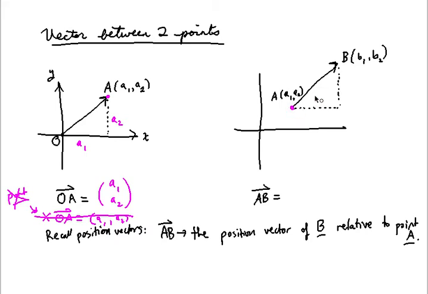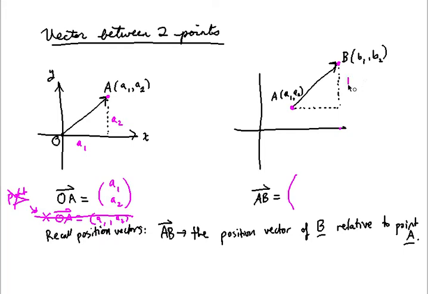If I start at A and I need to go to B, then the vector here would be this distance, the x component, from here to here, and this distance would be the y step. So this would be the x step, this would be the y step. Well, what is this y step?